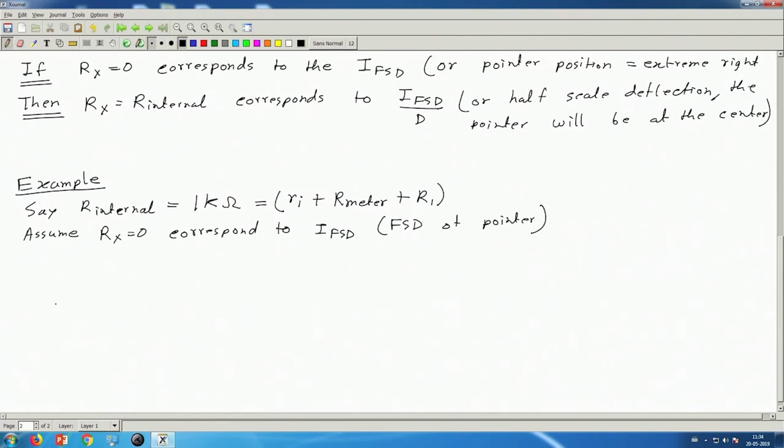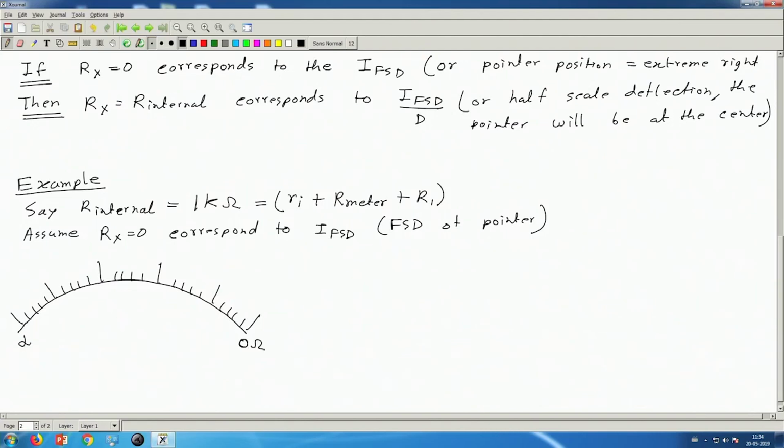Now, we want to mark or calibrate the different positions on the scale. We know that Rx equal to 0 corresponds to the full scale deflection current, so here we can write 0 ohm.